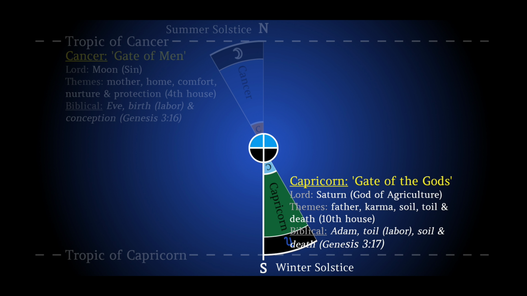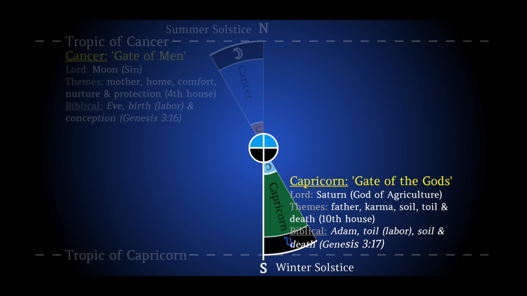Genesis 3:17. If you haven't read it, I highly suggest you do so. So Adam is associated with work, the ground, as well as death. And that just so happens to be the exact same associations as Capricorn and Capricorn's lord Saturn.